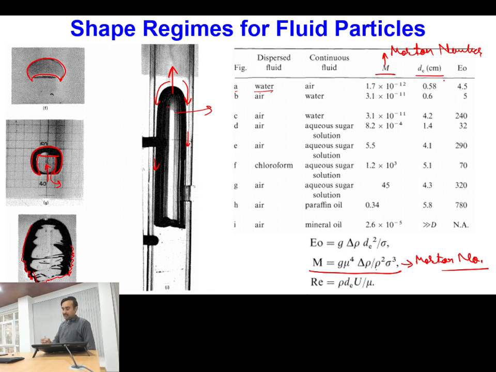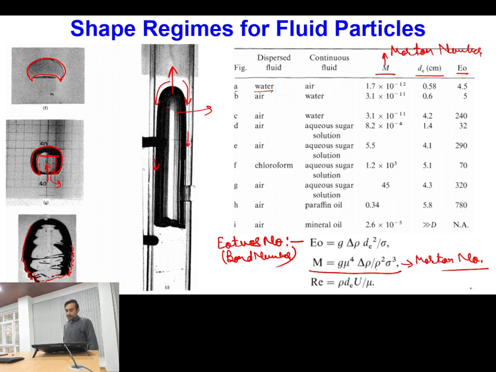Okay, and then one more number I have is called the Eötvös number, or its other name, the Bond number. Here the value of the Bond number is also given.